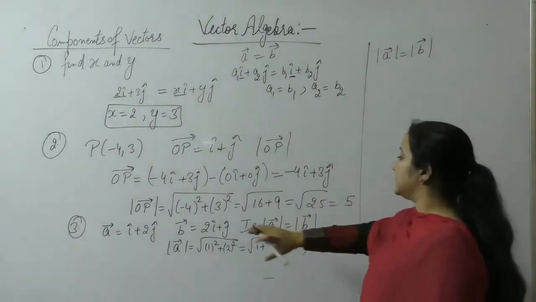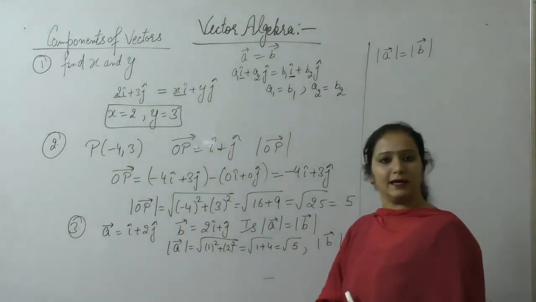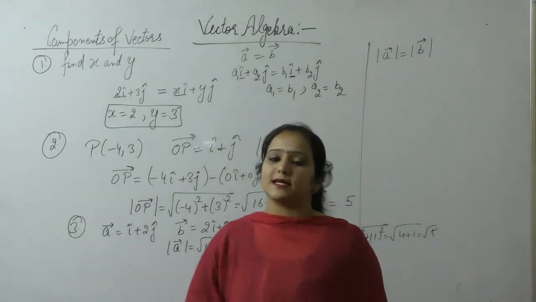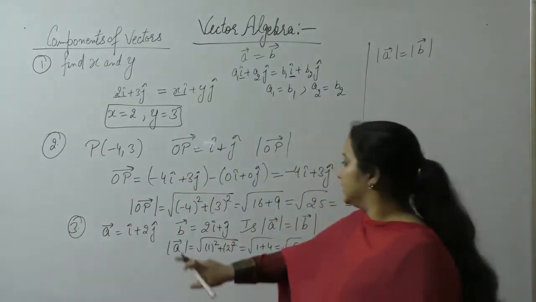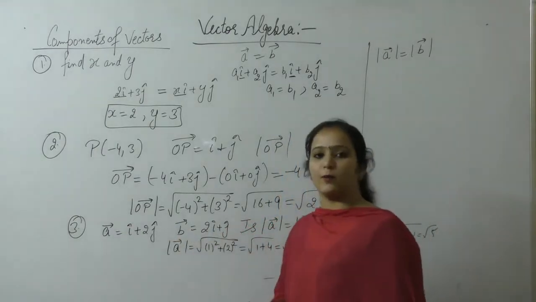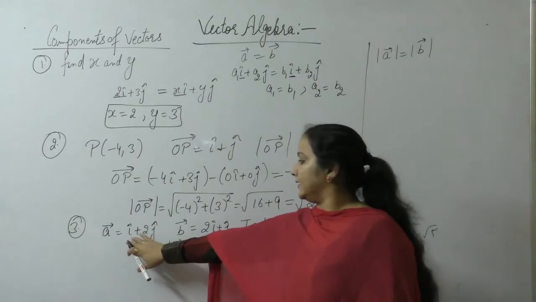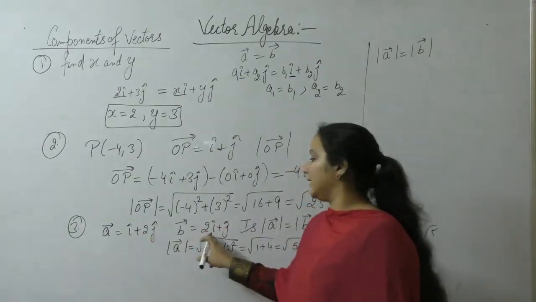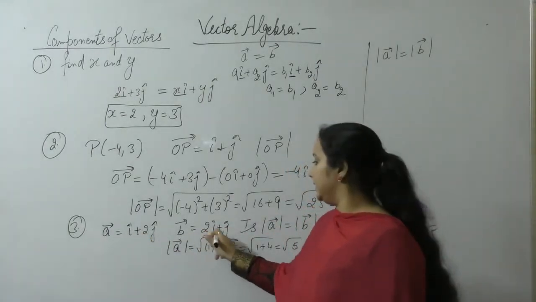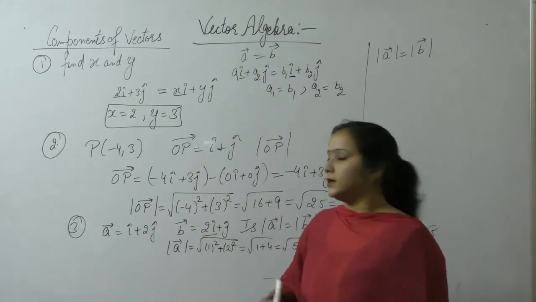Now the second part: are vector A and vector B equal? Two vectors are said to be equal if their I, J and K components are equal. But here the I component has value 1 and the I component in the B vector has value 2.